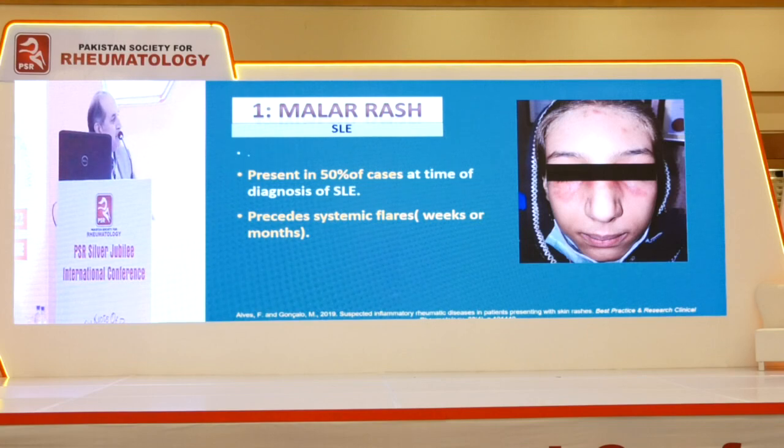The important feature of malar rash in SLE is that it would not involve the nasolabial folds. The hue is reddish, it's not violaceous, and normally it would not involve the eyelids and the foreheads. So this is typical butterfly rash seen in SLE.